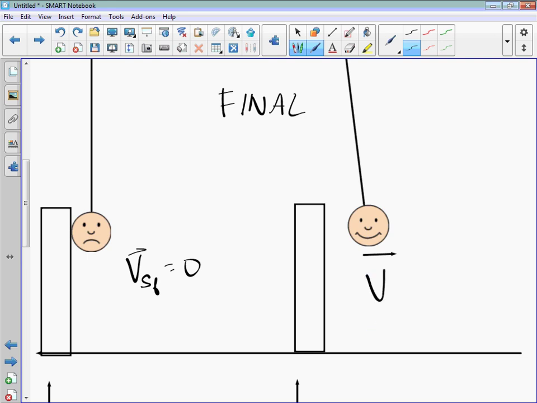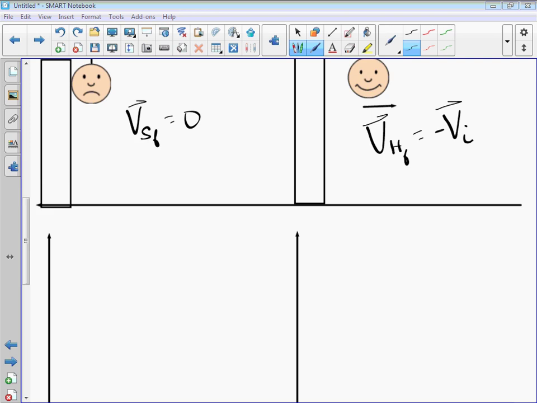And the velocity of the happy ball final is going to be equal to the initial velocity, but in the opposite direction. Because it said when you drop this happy ball, it bounces up to almost the same height. So we can assume that when it bounces, it returns with almost the same velocity. And for this case, we'll just say it is the same height and it is the same velocity.